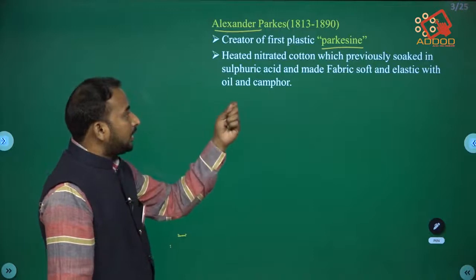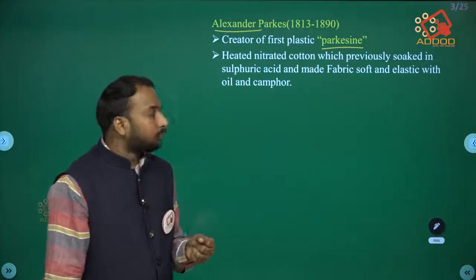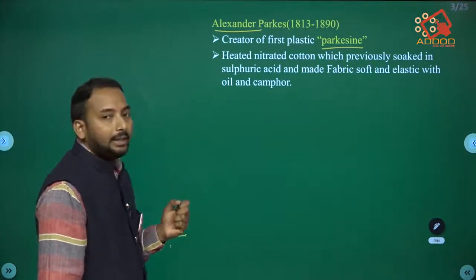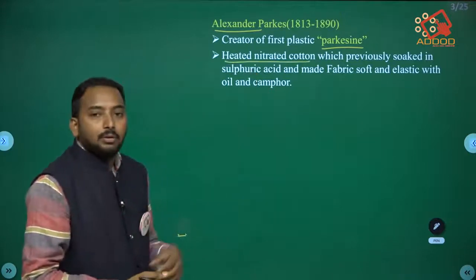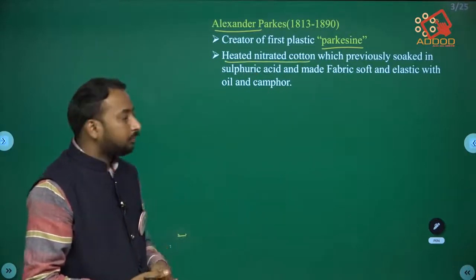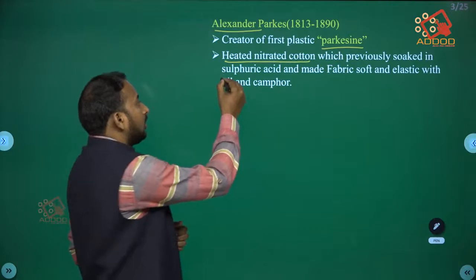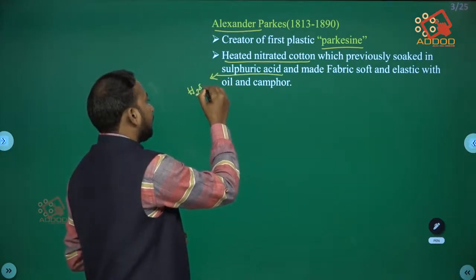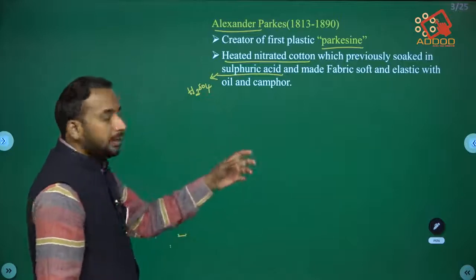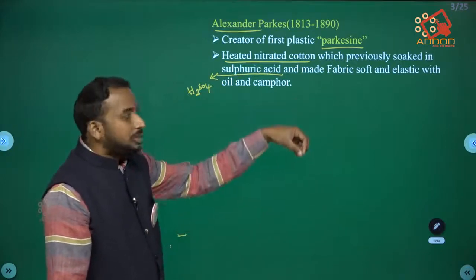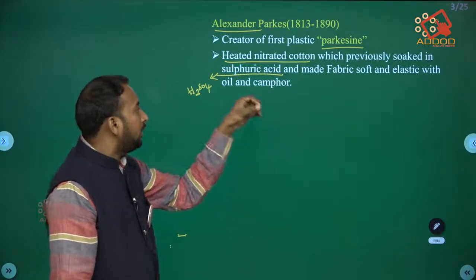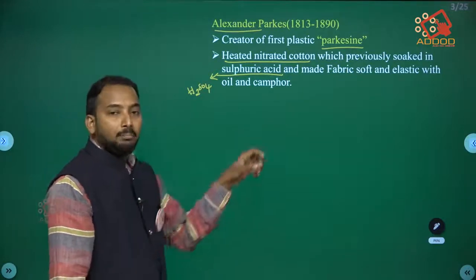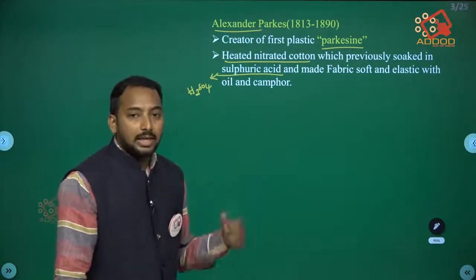Parkesine is prepared by heating nitrated cotton previously soaked in sulfuric acid, H2SO4. Heating the nitrated cotton, which was previously soaked in sulfuric acid, made the fabric soft and elastic.